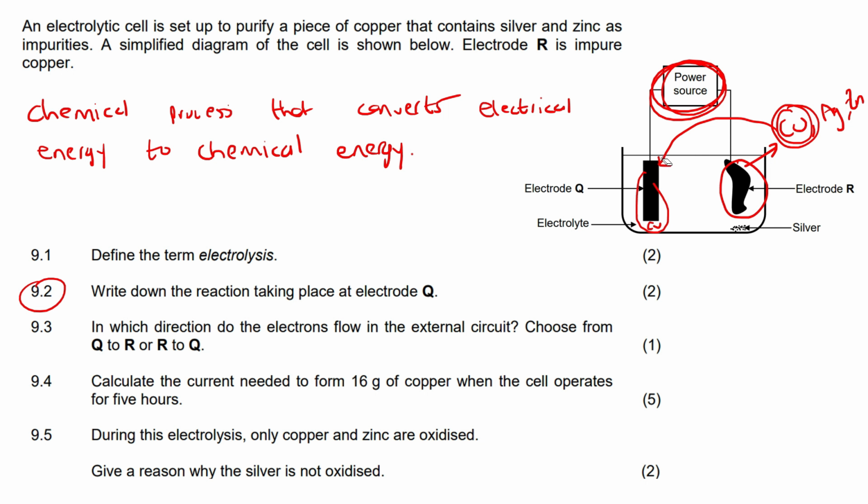So we need to understand the whole story here. So in this solid, we've got pure copper, pure silver, and pure zinc. Not ions, the actual metal. So what we must realize is that to be able to get this there, you have to first convert this thing back into an ion, because that is the only way it can travel. It can't travel as a metal. If it's a metal, it's just going to fall to the floor. You've got to convert it into an ion, because ions can travel through liquids.